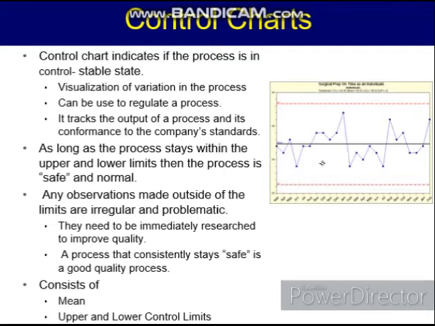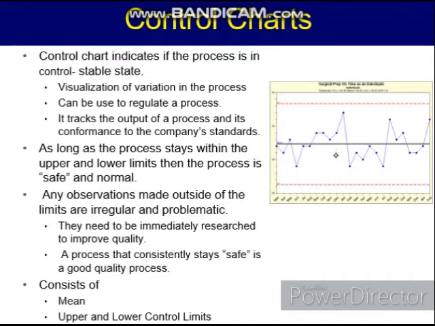Observations made outside the limit are irregular and problematic. So for example, you're tracking this data, and all of a sudden the next few points fall outside either the upper or lower control limit. If it's outside the control limit, then you can say that the process has now become irregular or problematic.